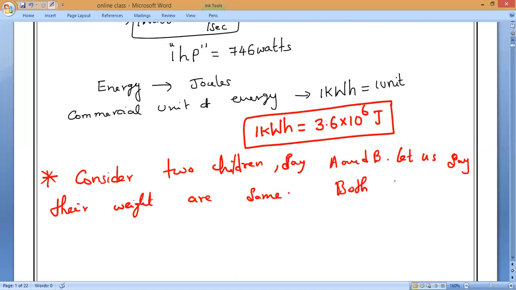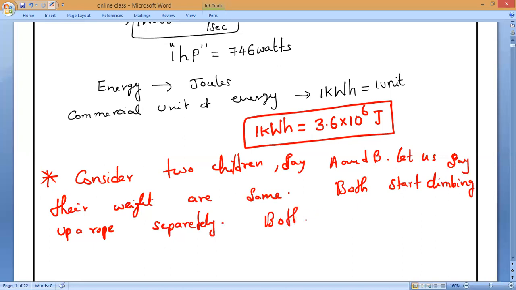Both started climbing up a rope separately. Both reach a height of 10 meters.